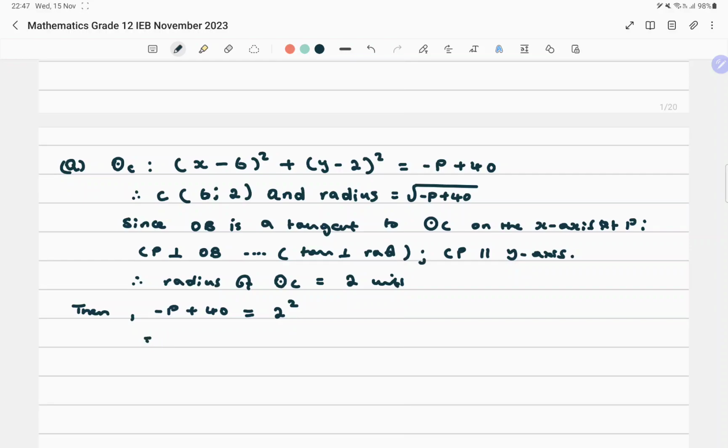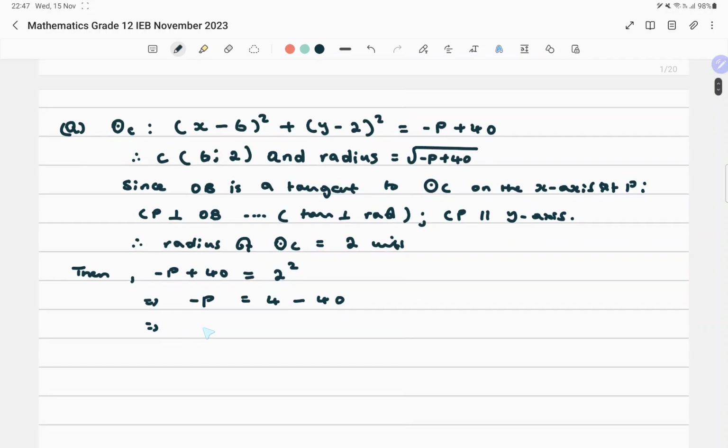Then we continue and say this implies that minus p is equal to 4 minus 40, which also implies that minus p is equal to minus 36. Therefore, when you multiply by negative, p is going to be 36. All right, that's it.